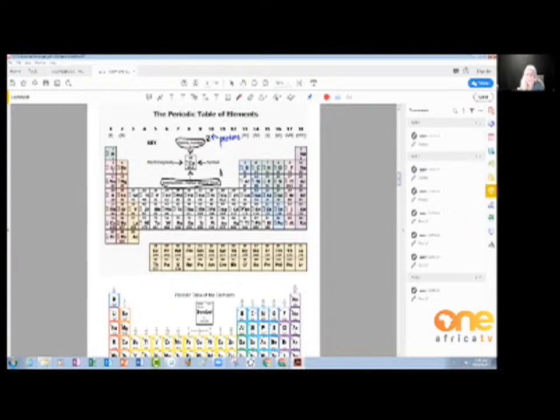This top table is the one that I found on the Cambrian site. I think it's also from the video. They include this periodic table, so I have it here. And this periodic table contains all the elements that we know.